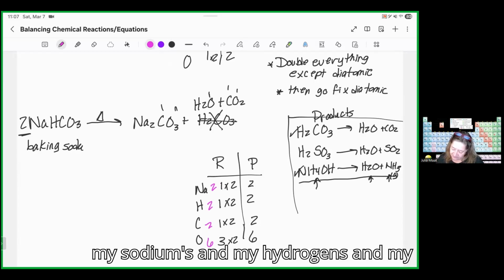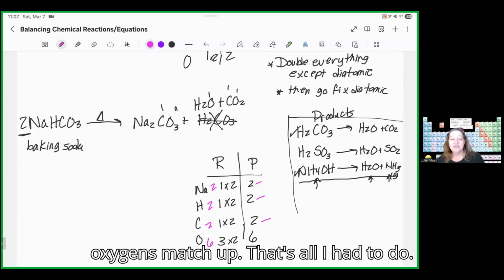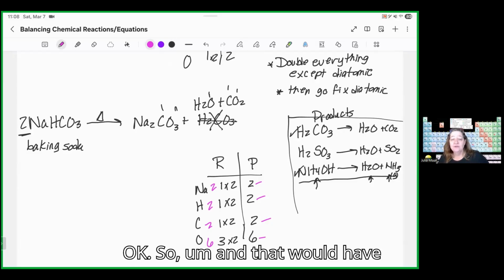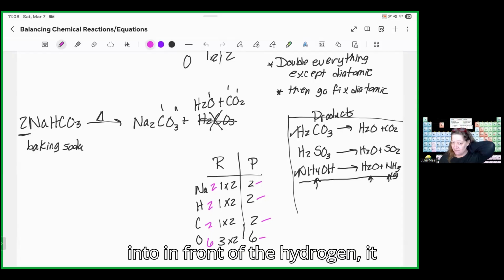And so my sodiums and my hydrogens and my carbons match up. And look, my oxygens match up. That's all I had to do, just put a 2 in front of the sodium bicarbonate. That would have been the same thing had we put a 2 in front of the hydrogen.